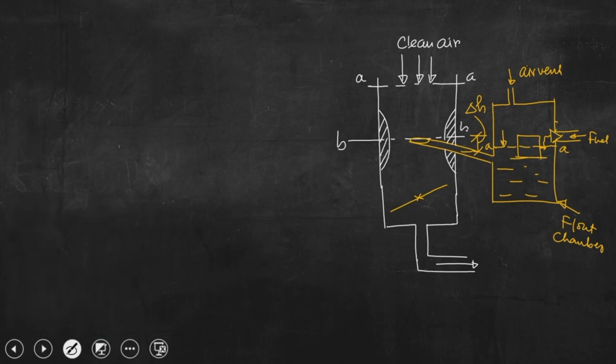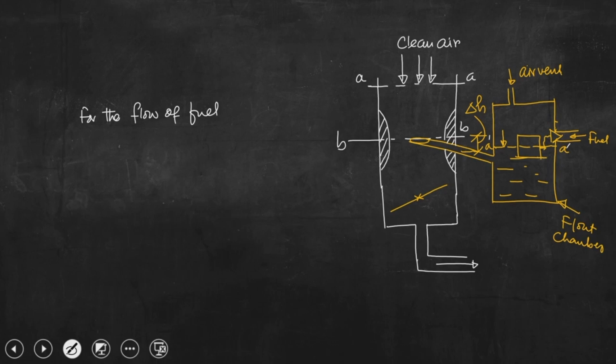So, for the flow of fuel, if we write the equation between section A and section BB, or section A prime, I am giving the name section A prime.